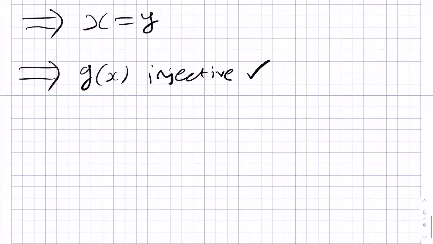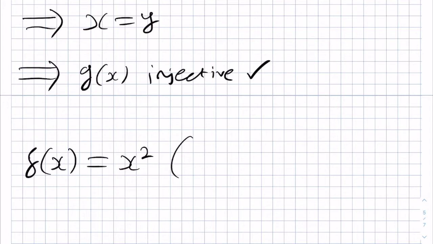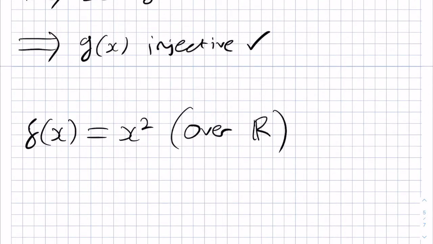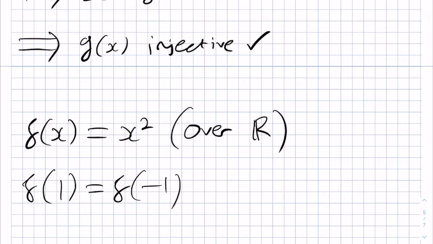Let's pick f of x to be x squared over the entirety of the real numbers R. We know that this is non-injective because, for example, f of 1 is the same thing as f of minus 1, even though 1 and minus 1 are distinct real numbers. 1 squared is 1, and minus 1 squared is also 1.